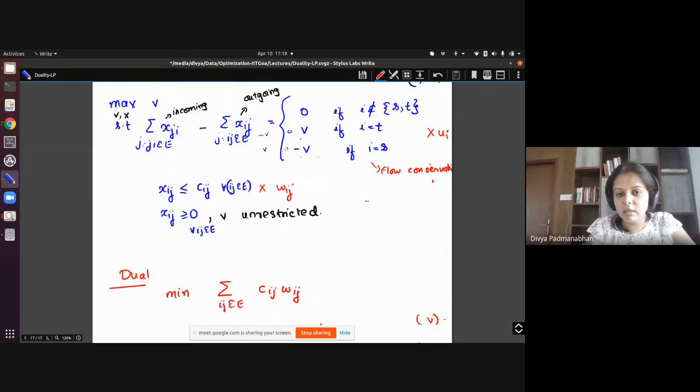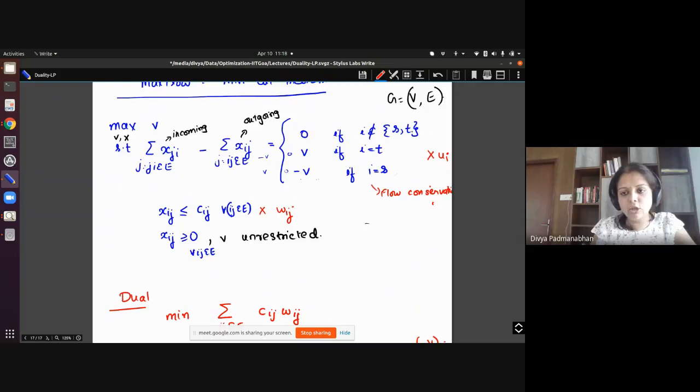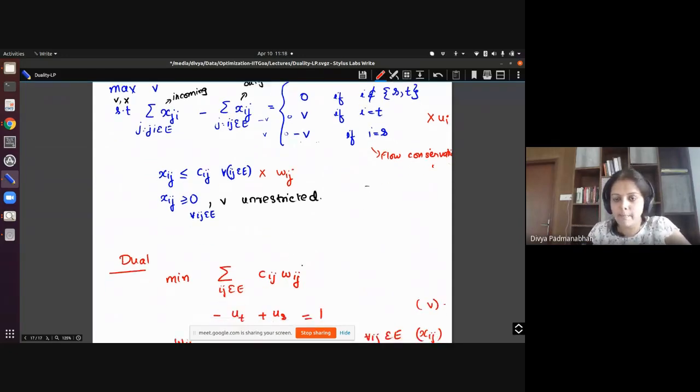There's going to be some Uis and some Ujs, because corresponding to vertex i you will get some Ui, but it's a matter of figuring out whether it comes in the incoming or outgoing. So can you tell me what it would be?